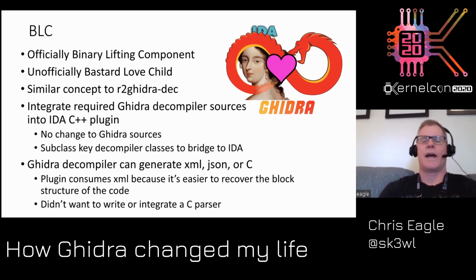The block structure is all already parsed out in the XML. So I actually consume the XML, parsing it to create a structured document in IDA that can be formatted to suit my needs, and you could even add customizations to it. C-style things, indentation things, bracing style things would require full parsing of the returned C if you were given only the C back from Ghidra's decompiler.